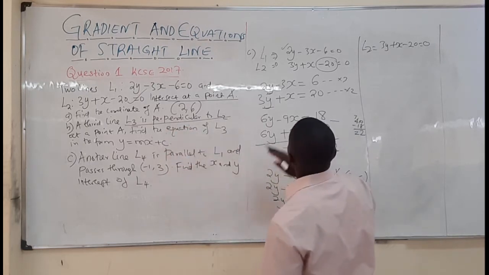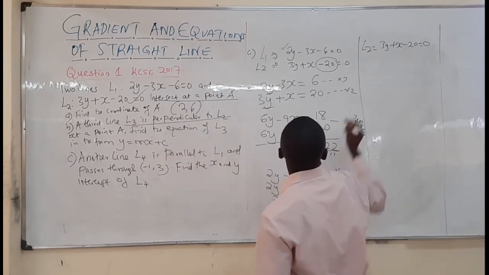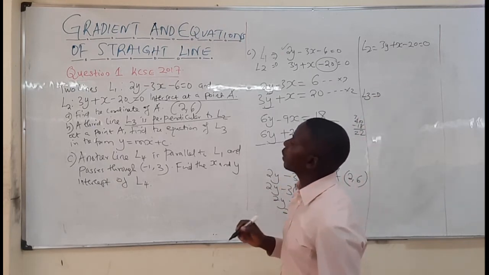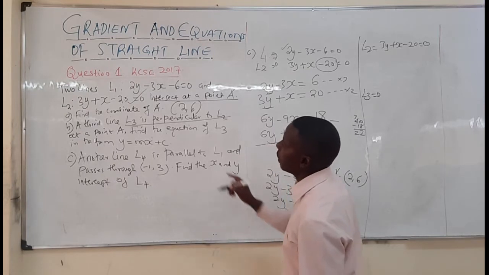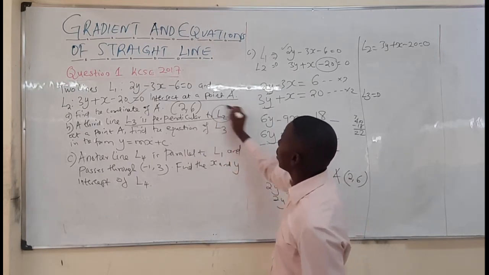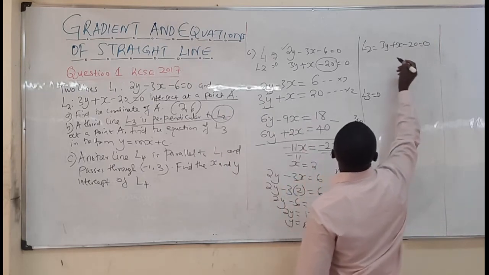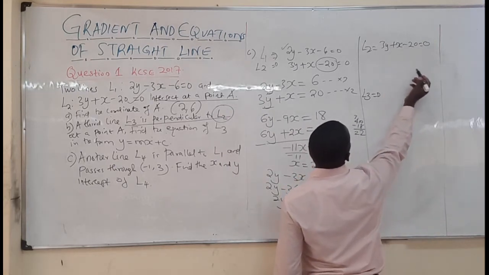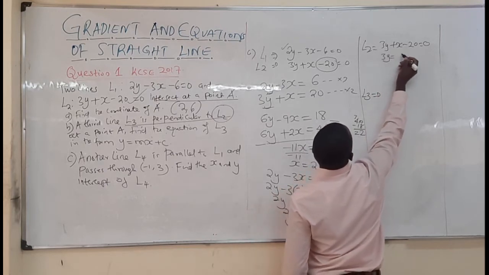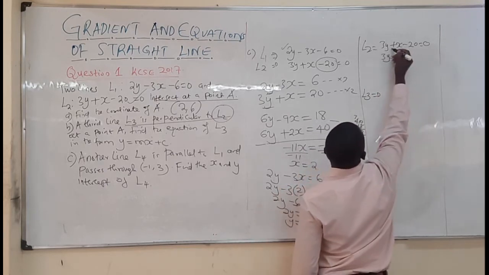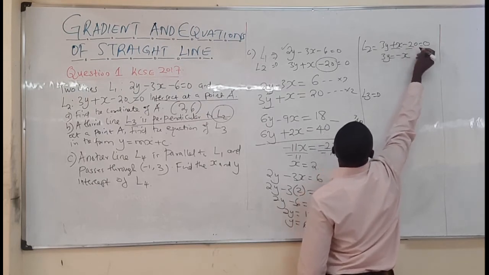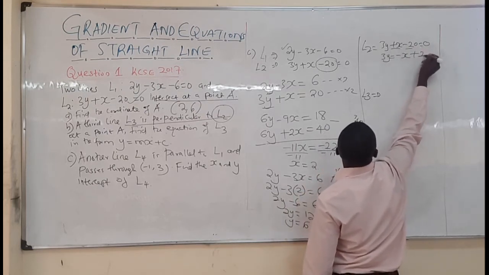We know that for perpendicular lines, the product of their gradients is equal to minus 1. So the first thing to do here is to get the gradient of line 2. To get the gradient, you write the equation in the form y is equal to mx plus c. So 3y is equal to minus x plus 20.